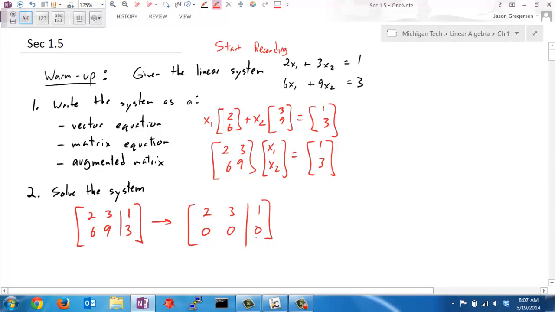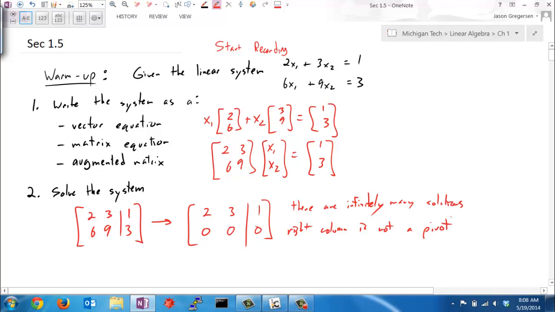So I can look at that and see a whole bunch of stuff. What can I see from that row echelon form? Infinitely many solutions. Because we know that the right-hand column is not a pivot column, is not a pivot.